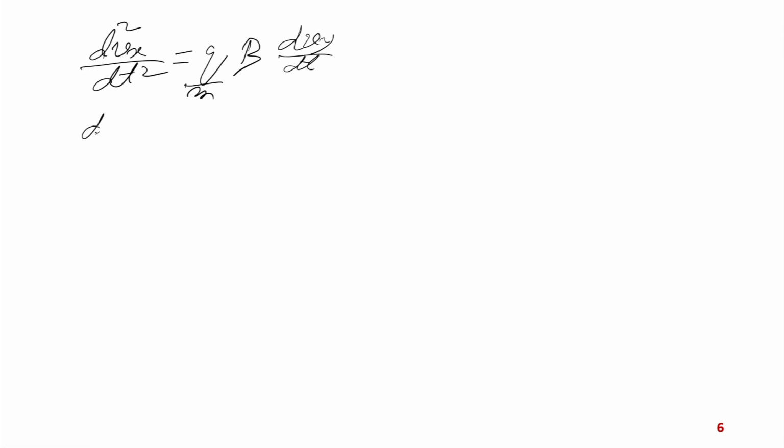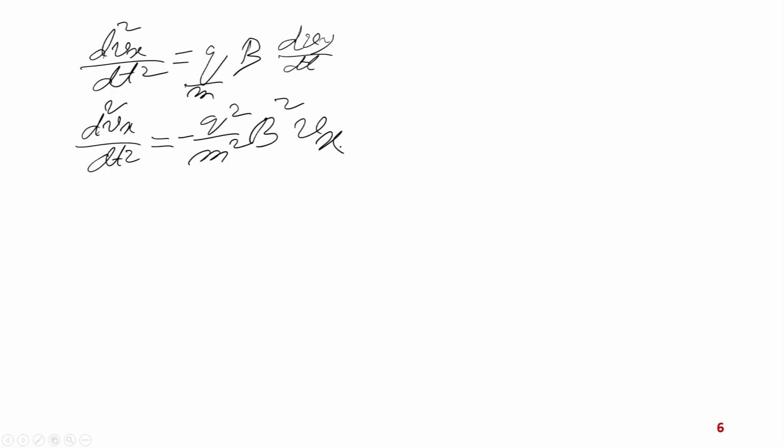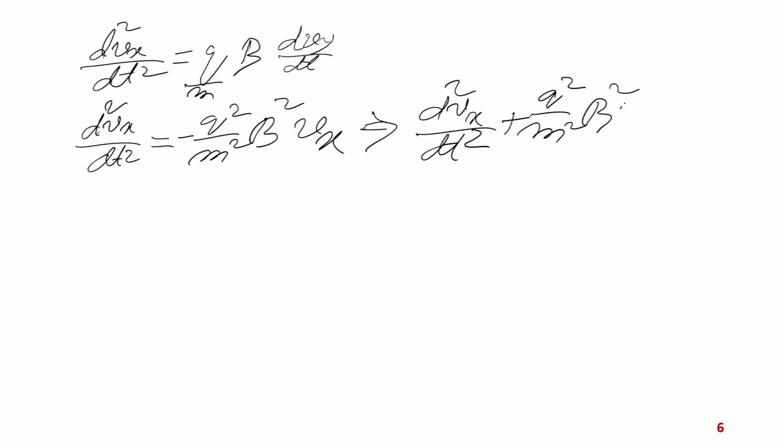So, d square V x by dt square is equal to minus q square by m square B square V x. So, d square V x by dt square plus q square by m square B square V x is equal to 0.